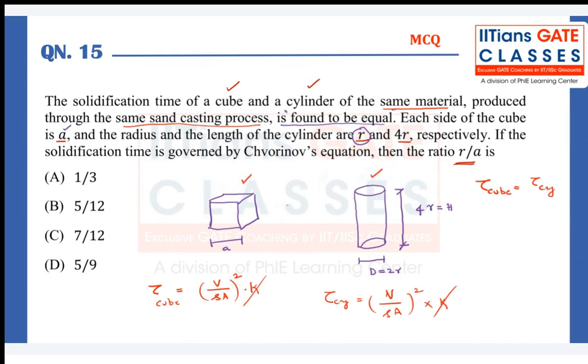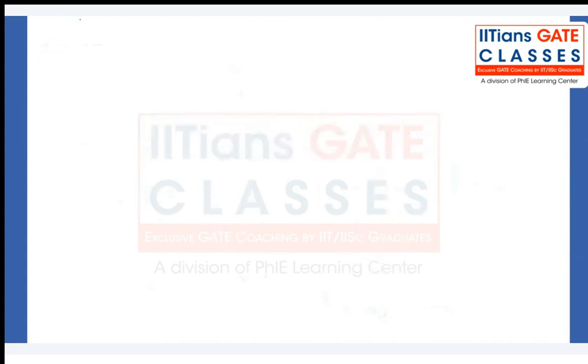Later we equate them, then we will find the relation between R and A. What we need to find is the relation R upon A. Let us move on. Solidification time of the cube first: it is equal to volume by surface area, whole square.